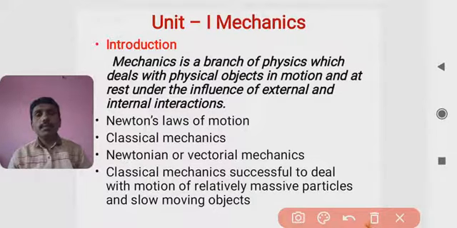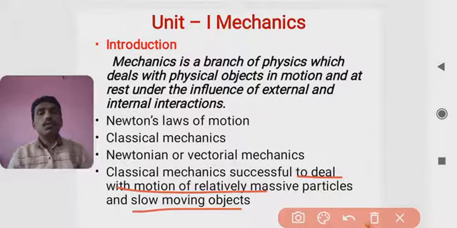Again, it is very clear in the definition that classical mechanics successfully deals with the motion of relatively massive particles. As I already told you, in the sky the objects are very big and massive, and at least they are slow moving objects.